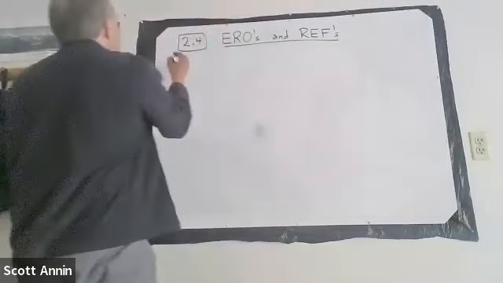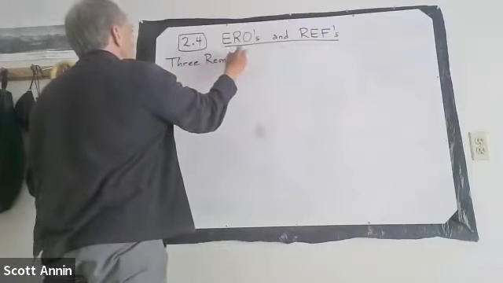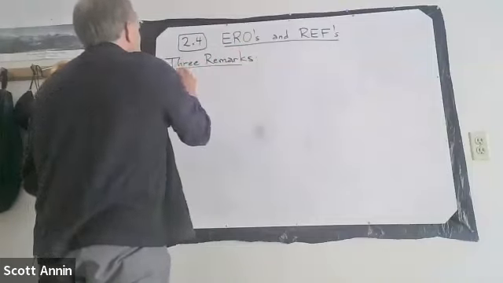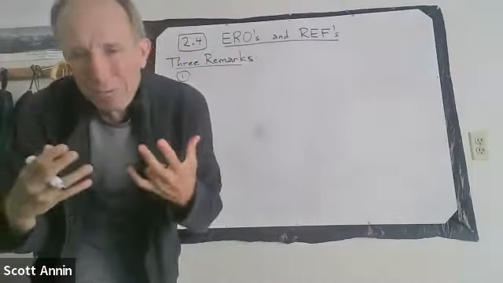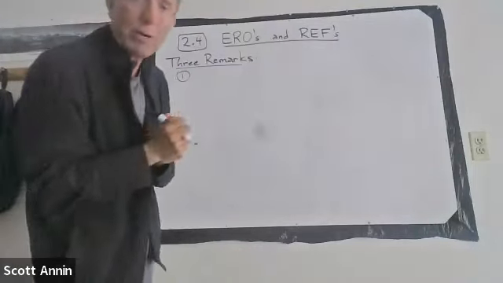Okay, so let's make three remarks to kind of get started with this. These are three remarks about linear systems of equations, and in particular, solving linear systems of equations.